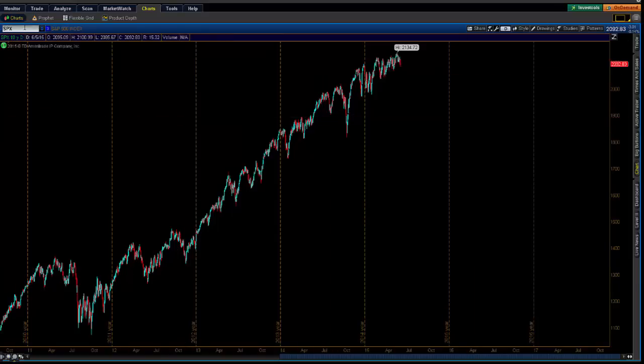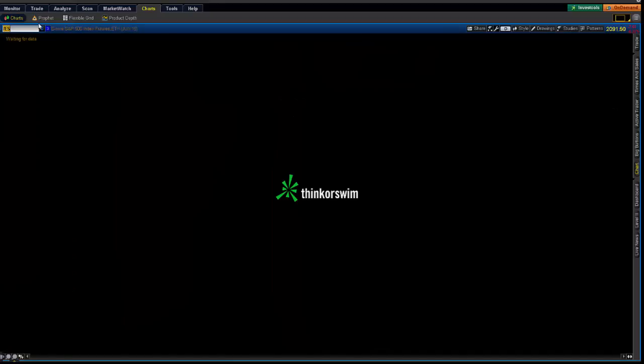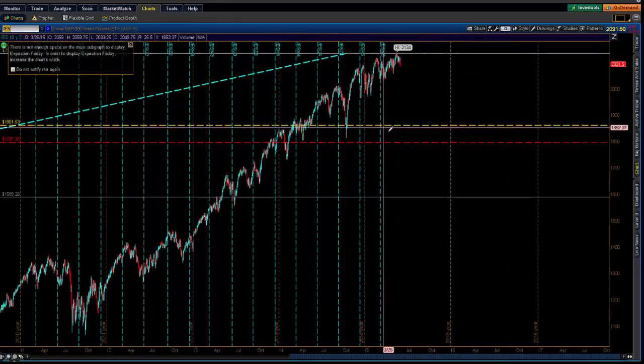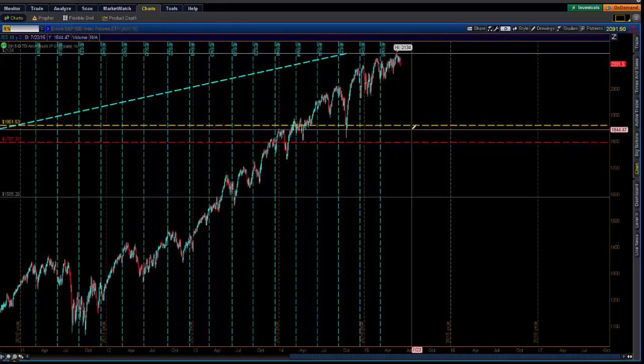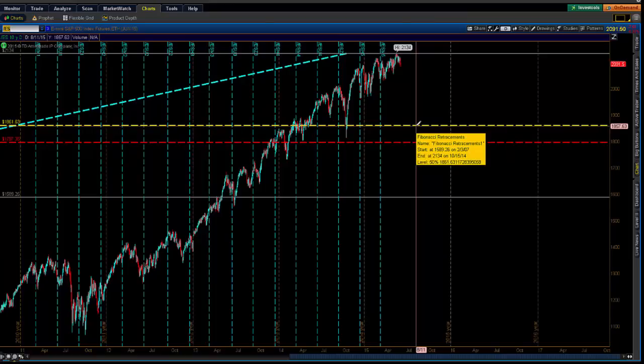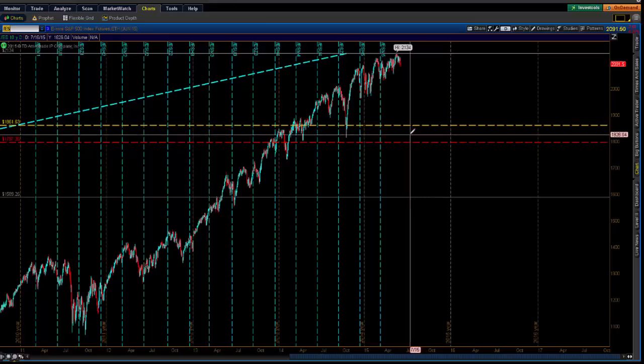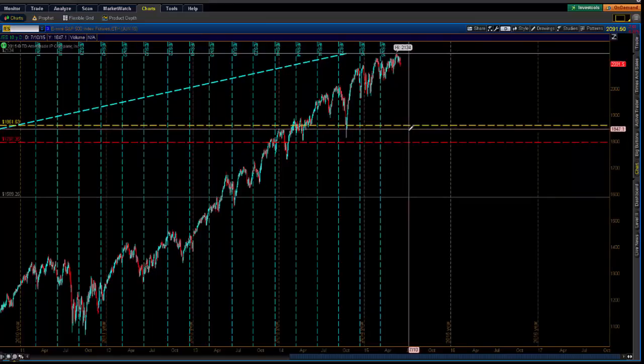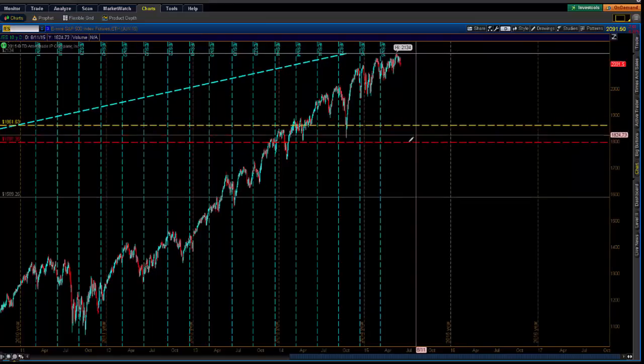But again, this will be a nice buying spot. And I believe this will be trading right around on or before Labor Day of this year. I'm going to repeat, I believe this level will be trading on or before Labor Day of this year.